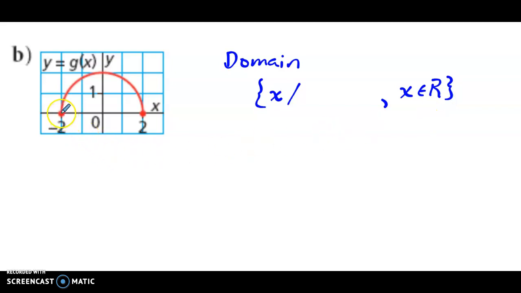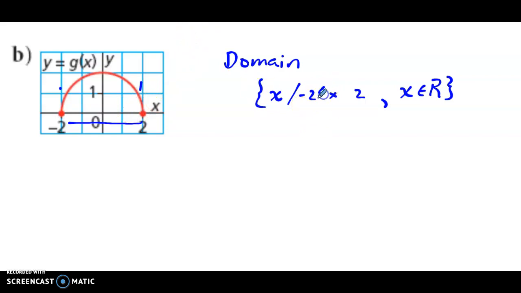So if I'm looking left to right, this is a boundary on the left, this is a boundary on the right. All of my x values make sense in between -2 and 2. So all of my x values will be in between -2 and 2. Because these are closed dots here, -2 is included, +2 is included.